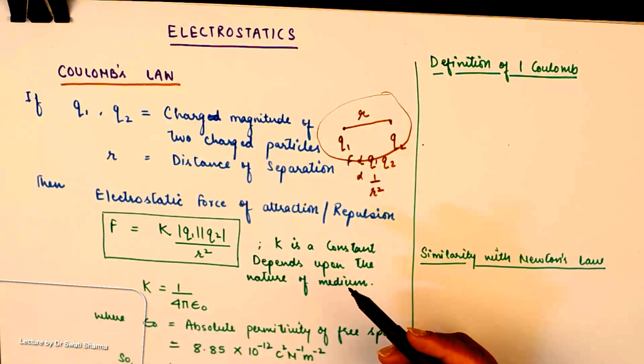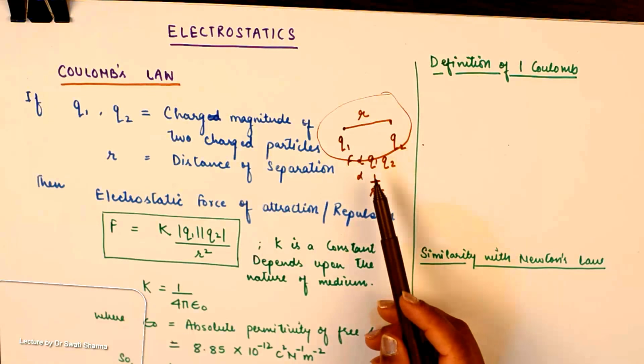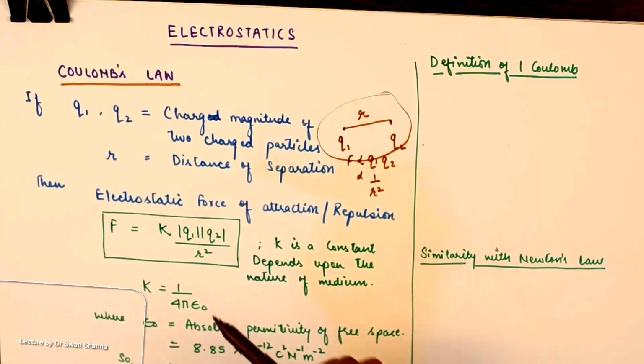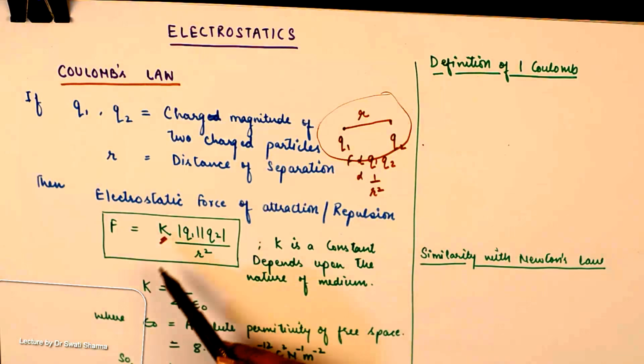This medium could be a vacuum, air, water, any medium. Depending on the nature of that medium, the value of K will change. This constant K is equal to 1 upon 4 pi epsilon naught. 4 is a constant, and pi has its own definite value.